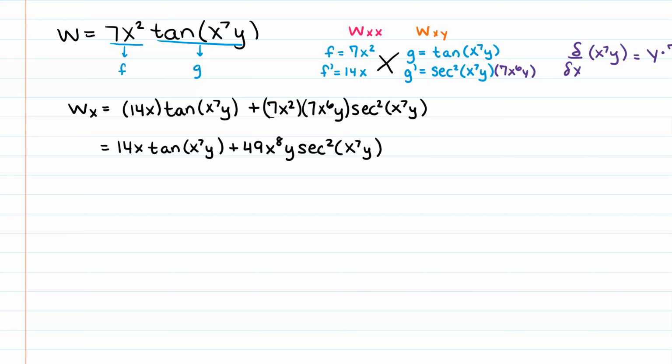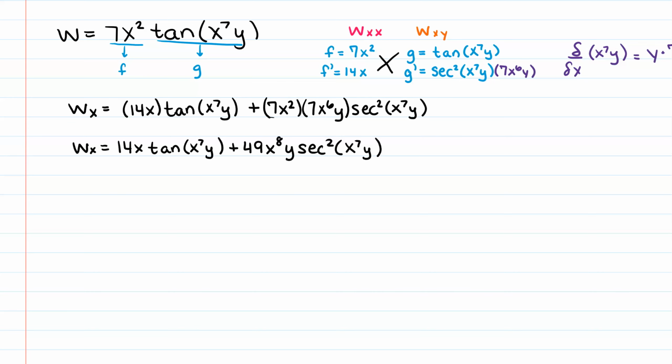So this is my first partial derivative with respect to x, and I'm going to use this two ways. I'm going to take the partial derivative of this guy with respect to x again, which is called w sub xx, second order partial derivative, first with respect to x, second with respect to x again, and w sub xy, so that's a second order partial derivative, first with respect to x, then with respect to y.